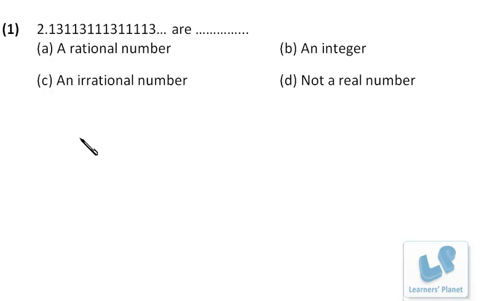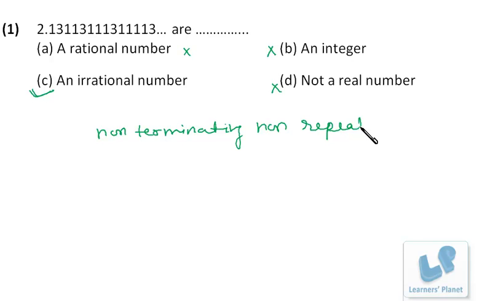So it cannot be a rational number. If it is not a rational number, it cannot be an integer because all the integers are whole numbers, right? And it is definitely a real number. Okay, so option D is incorrect. So definitely it is an irrational number because it is a non-terminating, non-repeating decimal.